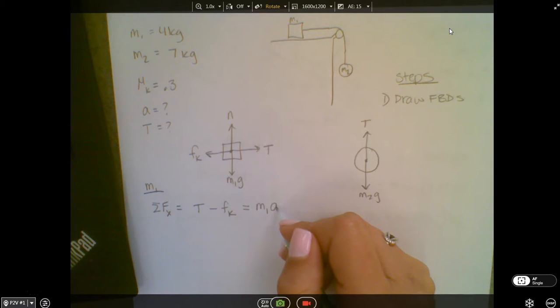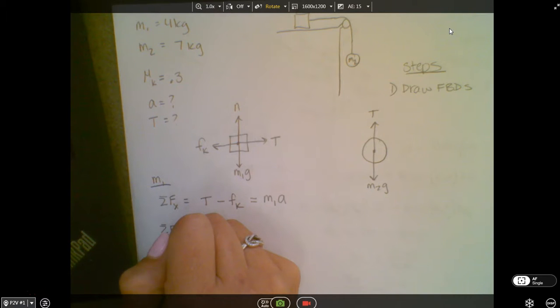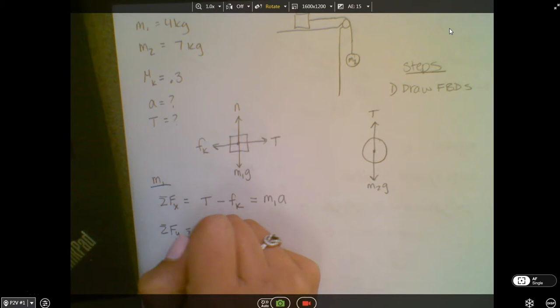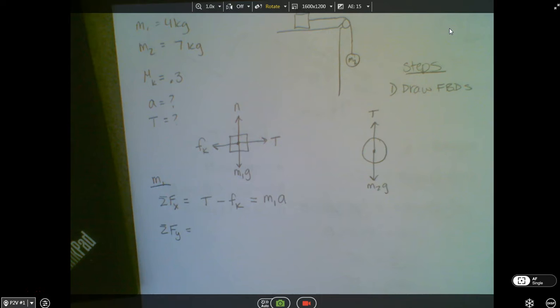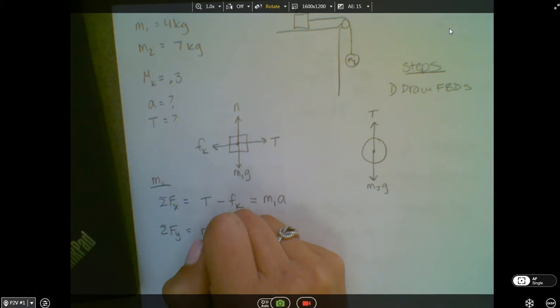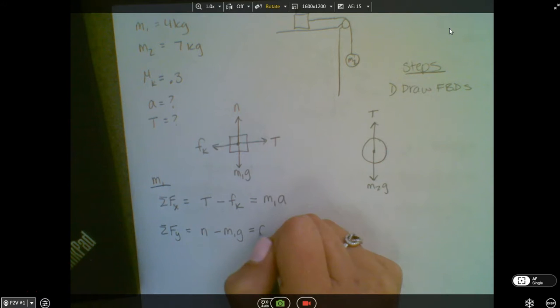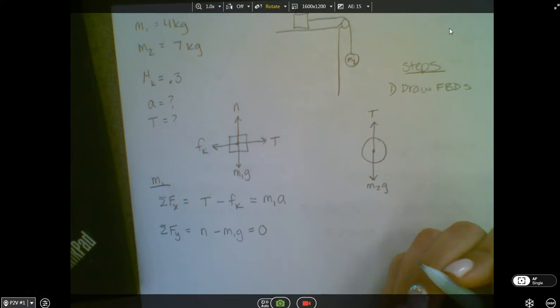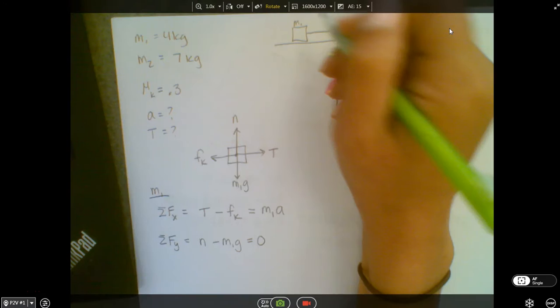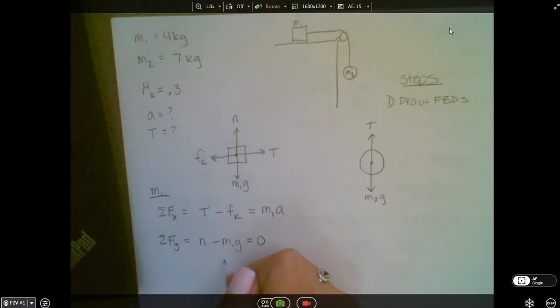Okay? We'll write one for the y direction just to make sure that we're safe here. So in the y direction, we have normal force pointing up, we have m1g going down, and they're going to be equal to 0 since it's not accelerating in this direction. So if we plug in some stuff, we have N equals m1, which is 4, times 9.8.